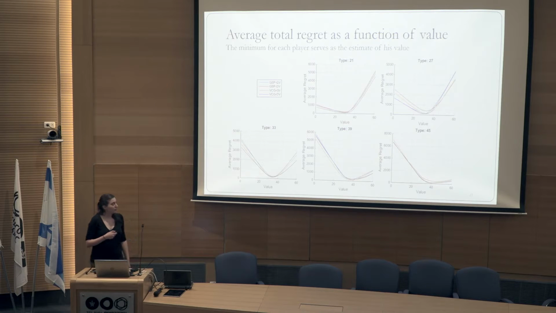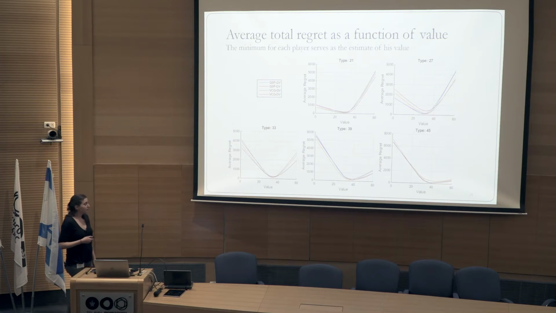And these are the regret results for our bidders. In each one of the graphs, this is the average regret as a function of the possible values. This is for the lowest type 21, the higher 27, up to the highest type 45. And the different colors are just different experimental conditions. You can see that the regret curves have a very clear minimal point, and the value that corresponds to this minimum is what the method selects as the estimate for the player.